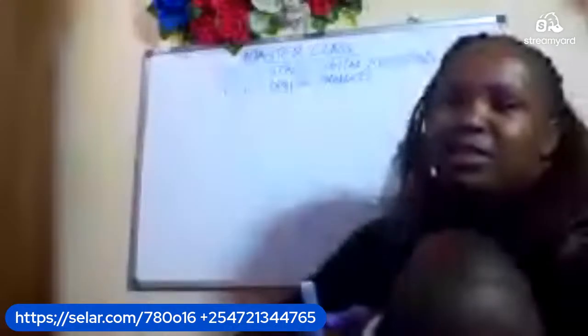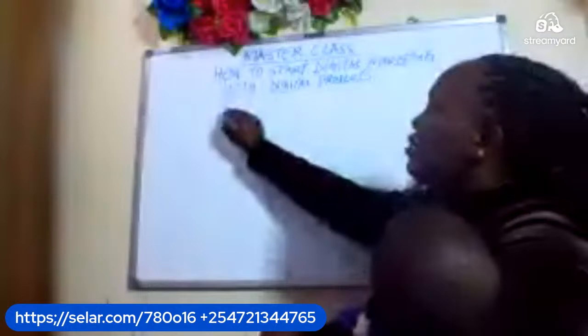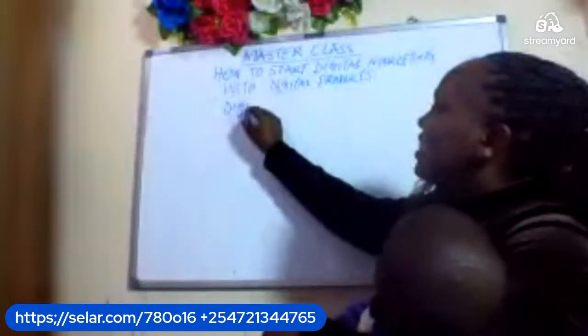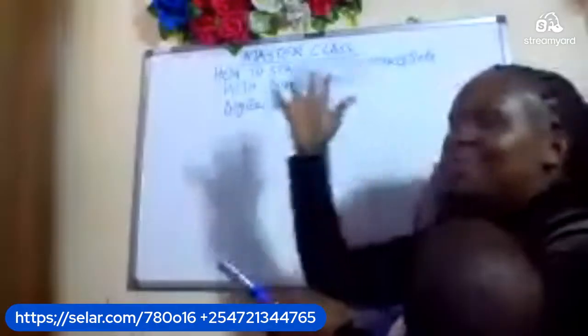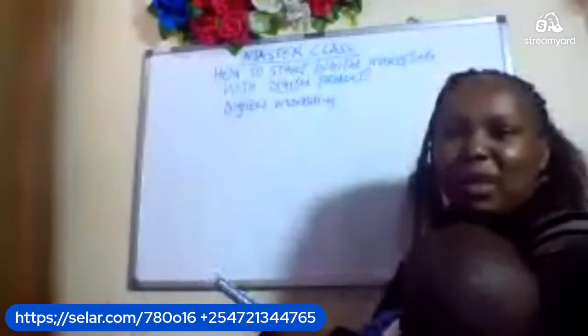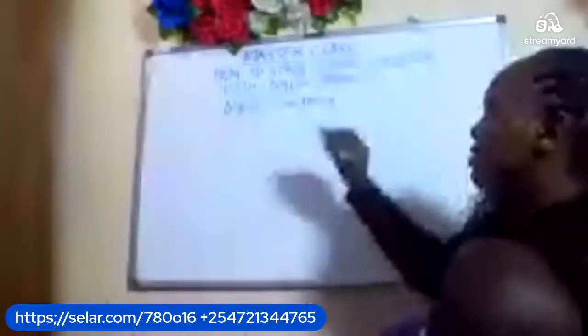Now we go to the next thing, and I tell you what digital marketing is. What is digital marketing? I don't want you to think far away from what you know. But digital marketing is simply selling products in the online space. Simple. I want to use simple language.